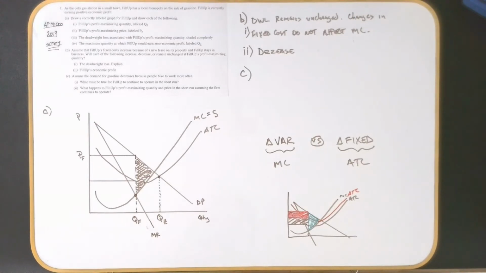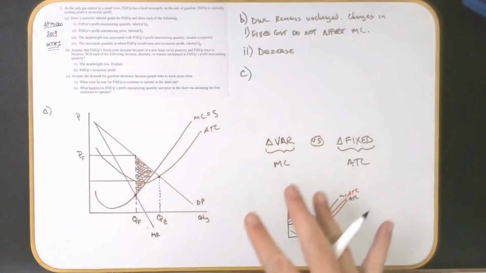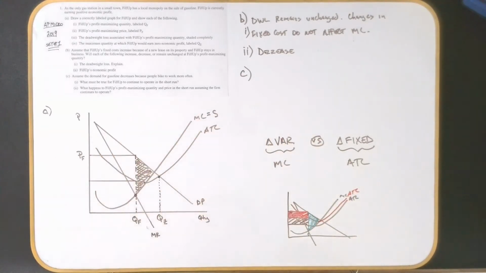And oftentimes the question is kind of vague, but they're wanting it in the context of an AP test, in the context of micro, and in the context of this scenario here, what must be true. And so it's easy to miss this question if you don't realize where they're pointing you.